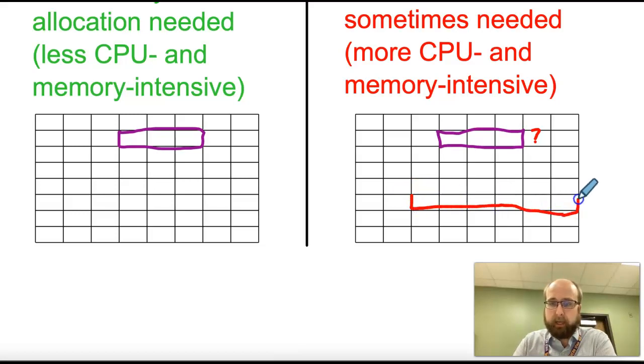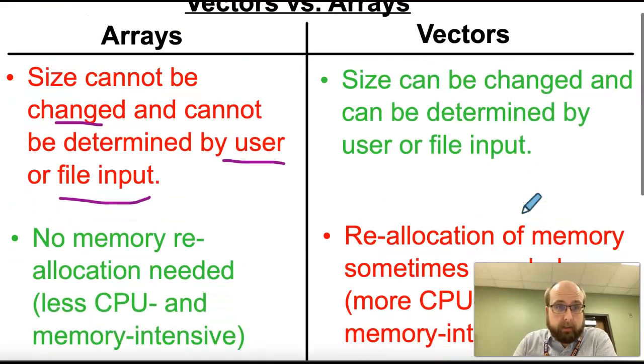So, maybe if we needed it to be size 4, it would maybe pull 6 pieces aside, something like that, and then it deletes the old one. That's really inefficient. That's really CPU and memory intensive to do that, to take this and copy it over to a new place. And so vectors are great, but they can be CPU and memory intensive.